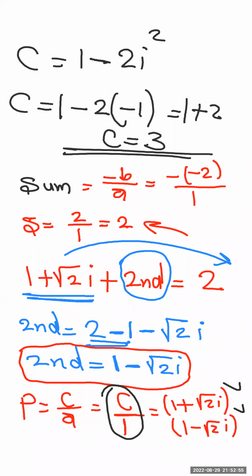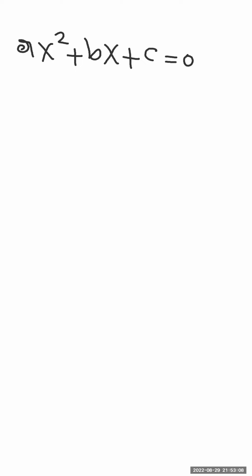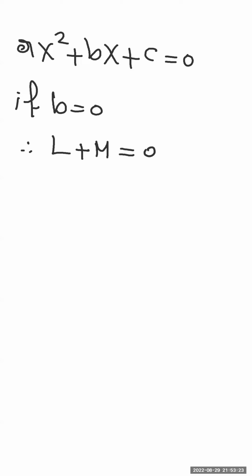Okay, the next point. We said that the general formula of the equation is ax squared plus bx plus c equals 0. Okay, so simply if b equals 0, therefore the sum of the two roots L plus M will equal 0. Why?